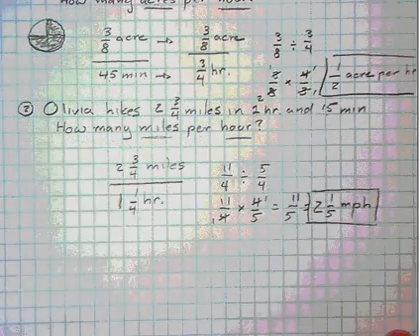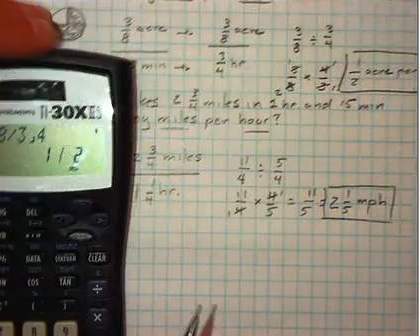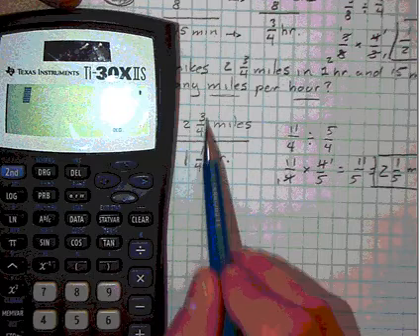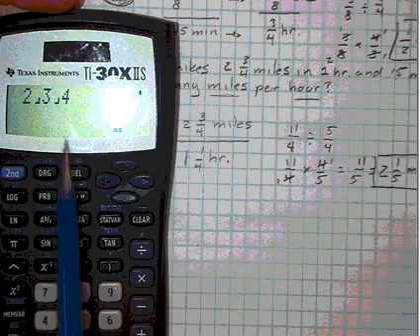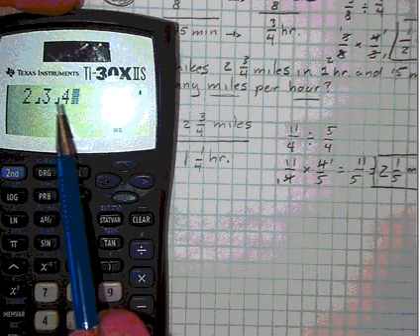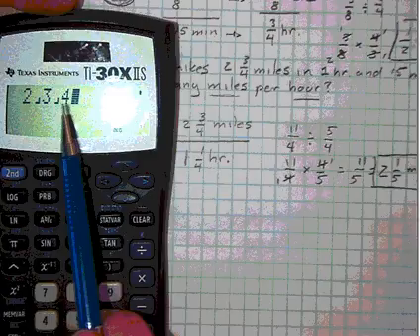And we can check our work with our calculator. So when we put in our calculator 2 3/4, we're going to do 2 ABC 3 ABC 4. That's going to give us our units and our fraction, 3/4. So 2 3/4.